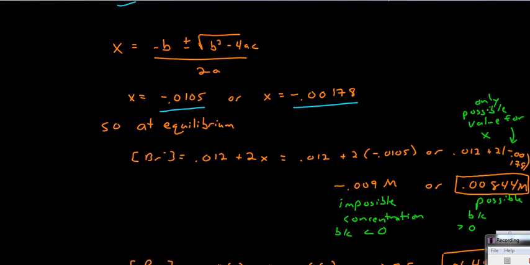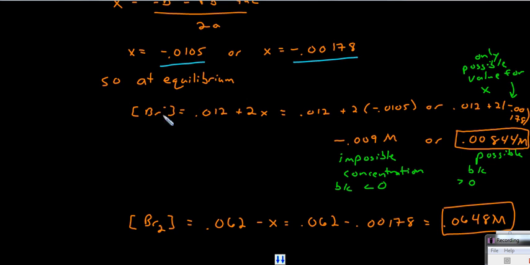But only one of these possible values is actually possible. I'll reword that. One of these two values is possible. How can we know which of these values is possible? You need to plug in for x.